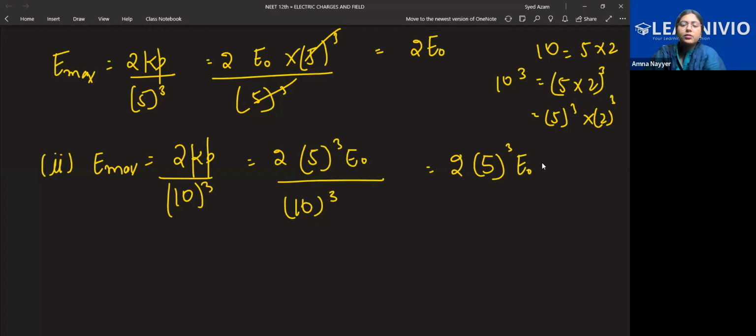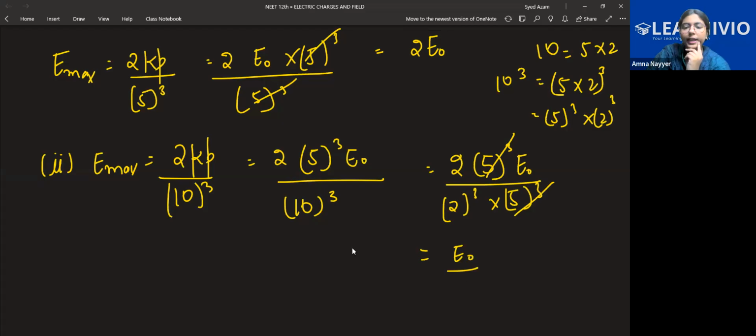This is what you will get. So when you divide it by 2 cube into 5 cube, what are we left with? See, 5 cube gets cancelled, 2 cube and 2 will get cancelled. So 4 will be left. So the answer will be E naught by 4.